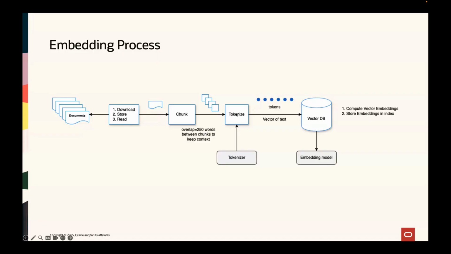Basically, a word can be a token, and for each of these words or tokens, a vector, or set of floating point numbers, can be calculated. These vector embeddings are stored in a vector database, right? The model that is used is called the embedding model, and there are various ones that you can plug in, usually for vector databases.